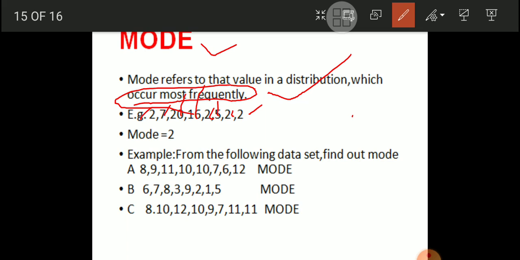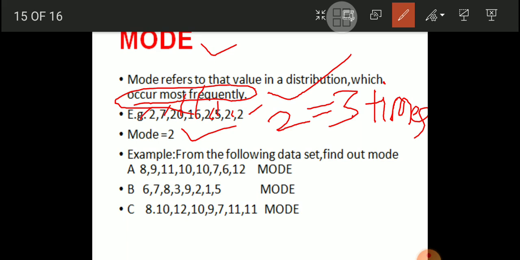So here the value 2 occurs 3 times, the value 7 occurs 1 time, 20 occurs 1 time, another value occurs 1 time, 5 occurs 1 time. Only 2 occurs 3 times frequently. That's why the mode is 2.